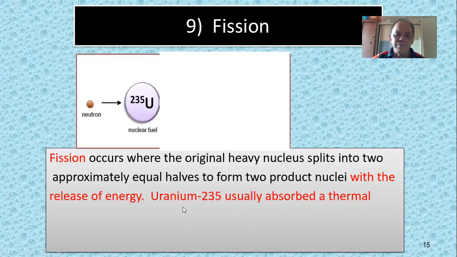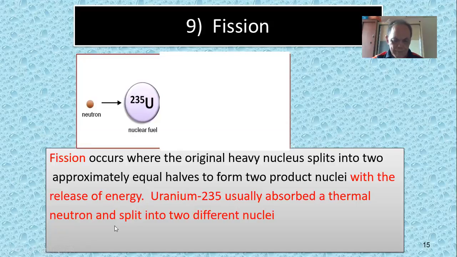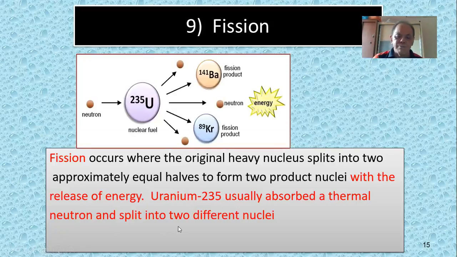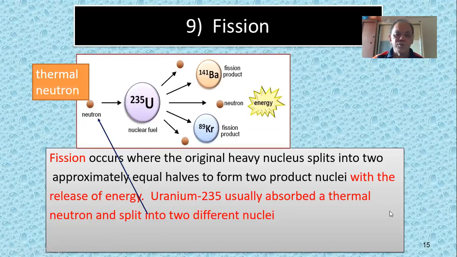And then sometimes there is release of energy and maybe some other neutrons. Right? Usually uranium-235 absorbs a thermal neutron, right? A slow neutron, and splits into two different nuclei. Right? For example, barium and krypton, they are completely different from uranium. So there's a thermal neutron that goes in.